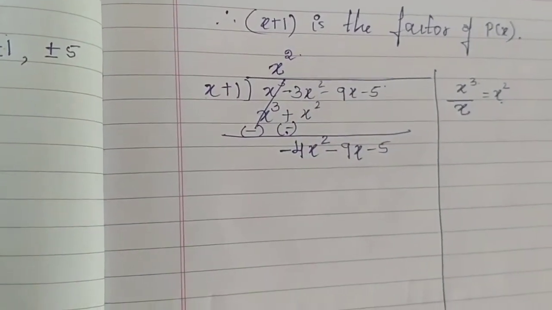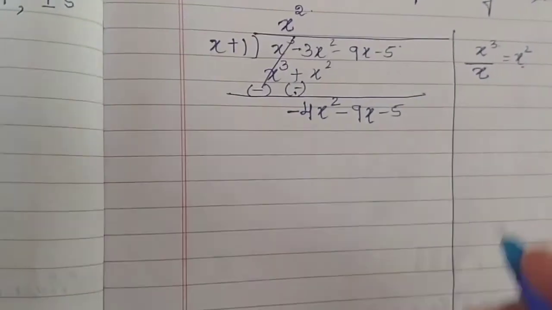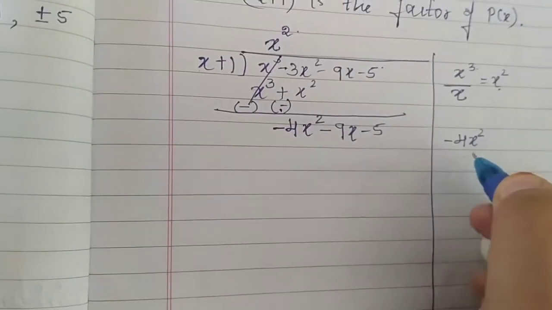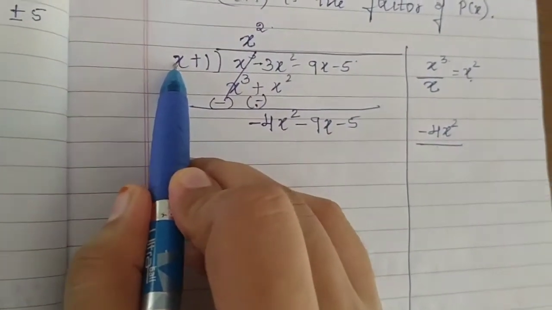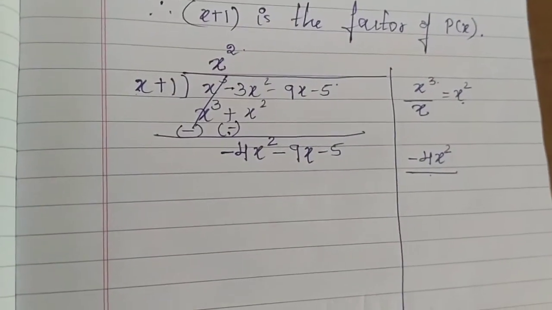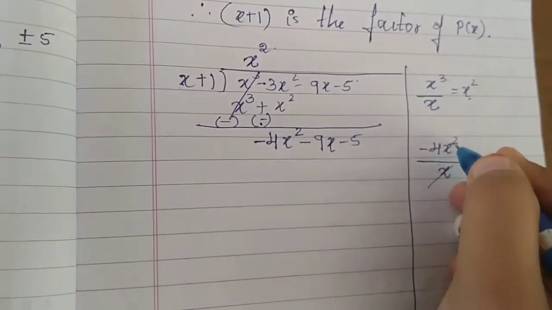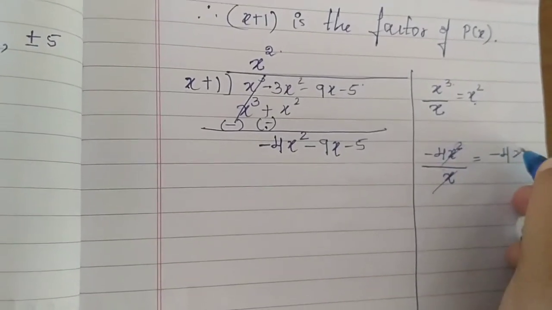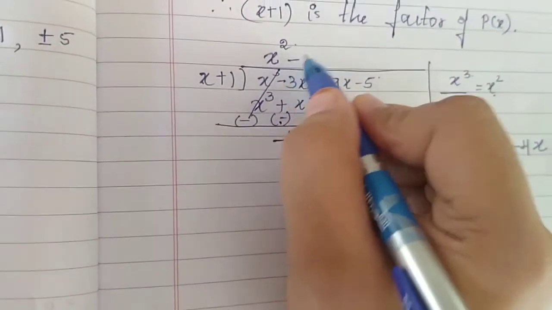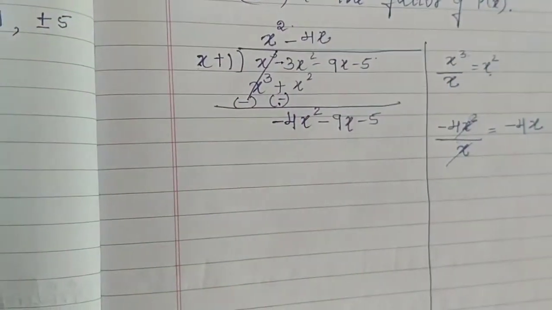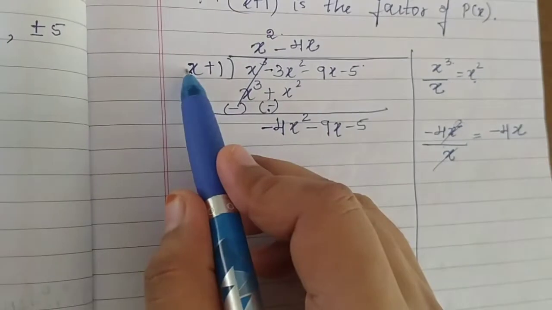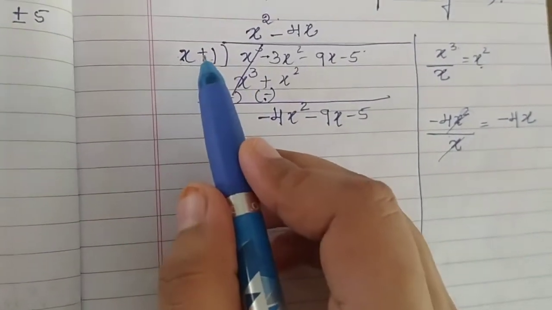After that the same procedure here: the first term of the dividend is minus 4x square divided by the first term of the divisor, here x, right? 1x will get cancelled, minus 4 as it is, and here 1x will be remaining, so minus 4x. Then again you have to multiply the second term of the quotient to the first and second term of the divisor.